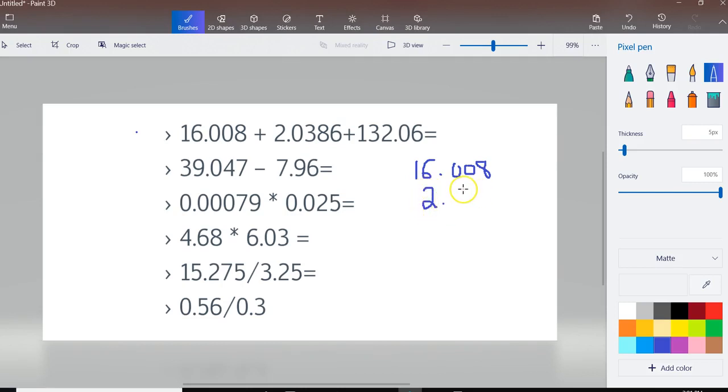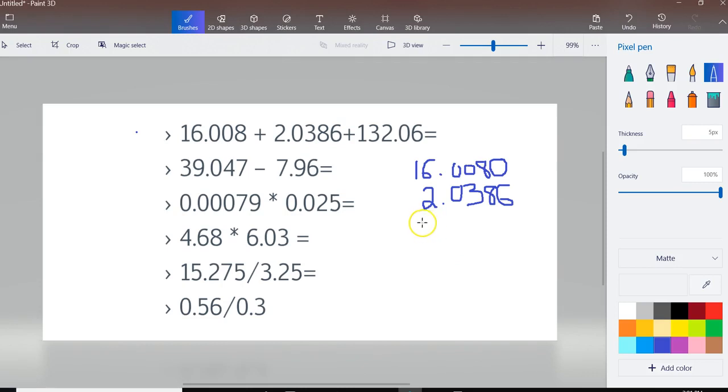So 2.0386. But wait a minute, this kind of looks awkward. The second number that we wrote down, the 2.0386, is longer than the first one. Well, we can always put a 0 here. That way we don't get confused.